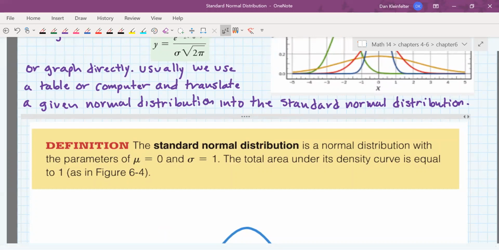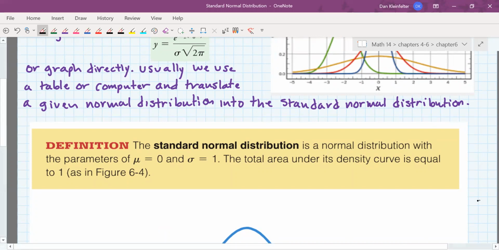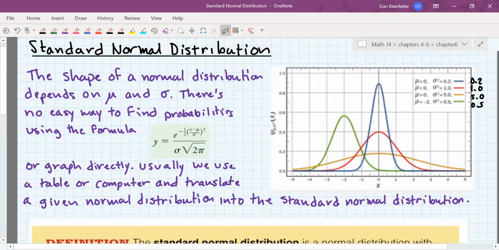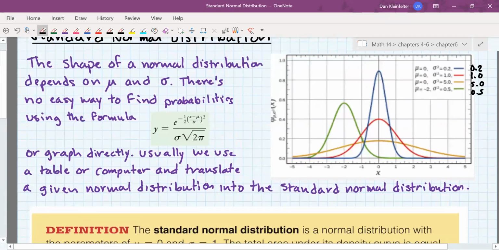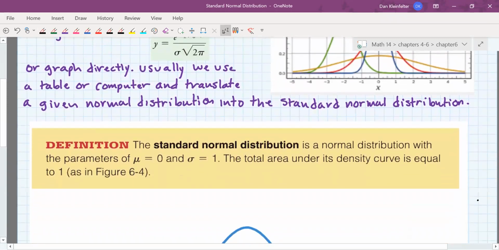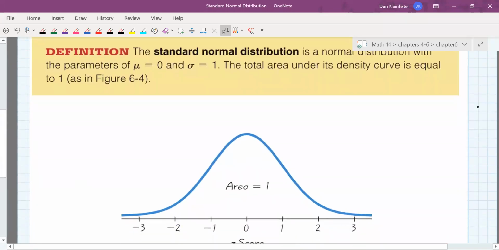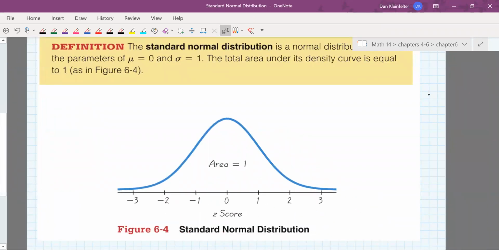The standard normal distribution is a normal distribution that has a mu of 0 and a sigma of 1. So out of all these different normal distributions you can have, we're going to pay special attention to the one where the mean is 0 and the sigma is 1. Of course, the area under the curve is going to equal 1, but this is basically a picture of our standard normal distribution. It's going to be centered at 0. Its standard deviation is going to be 1.